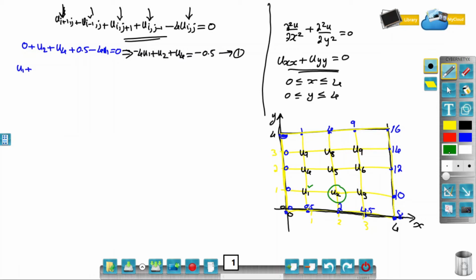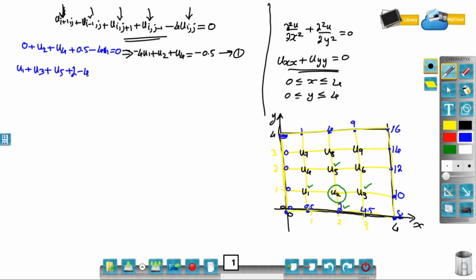Right point is u3, so u3 plus. Now what is the top point? u5 is the top point, plus. What is the bottom point of u2? This is 2. So plus 2 minus 4 into, what is the current point?